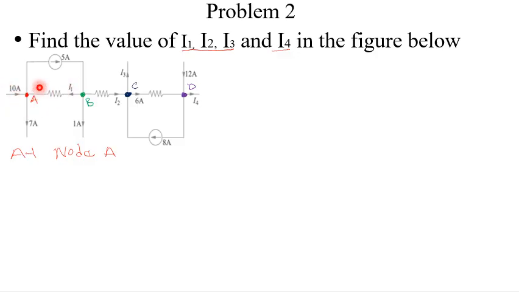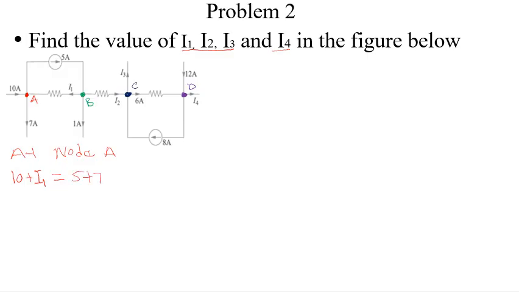And we have 7 amps leaving and we have 5 amps leaving. So we say sum of currents entering node A is equal to sum of currents leaving node A. So those that are entering are 10 plus I1, which should be equal to those leaving, which is 5 plus 7.